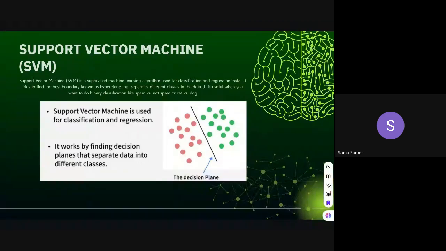The kernel will transform our problem to higher dimensions. And then we have something called hard margin and soft margin, and we will be talking about it soon. So is there any question about SVM now?